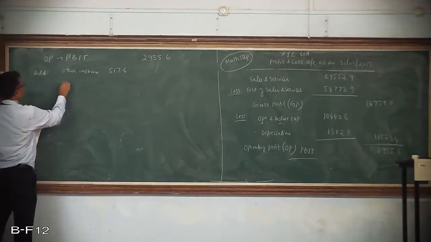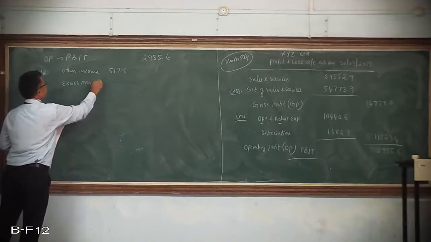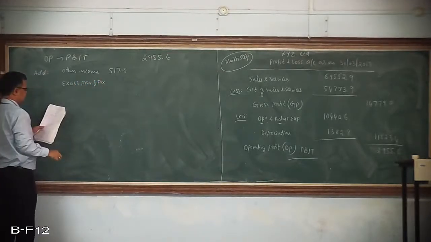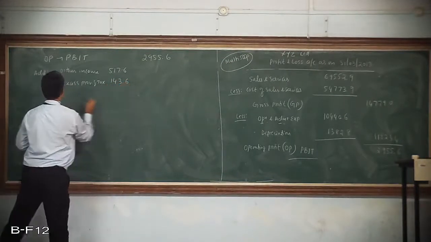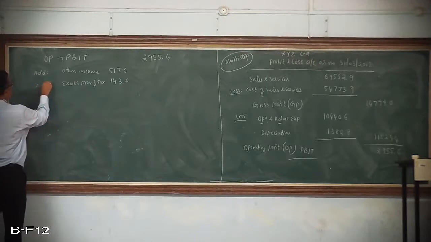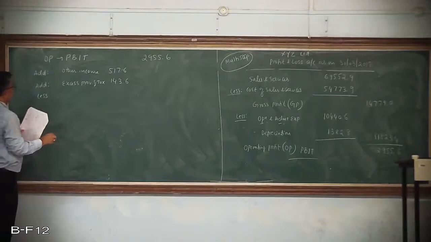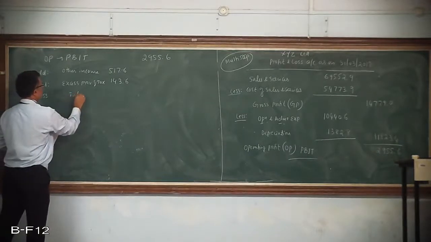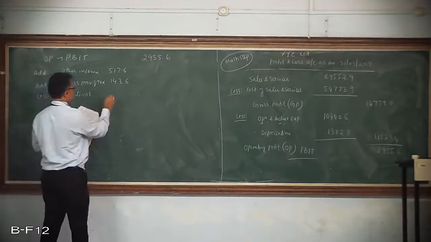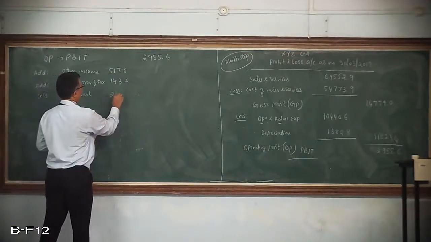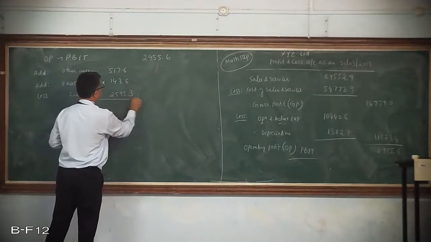Next, excess provision of tax 143.6, which has to be added, and you less the interest, that is 2595.3.